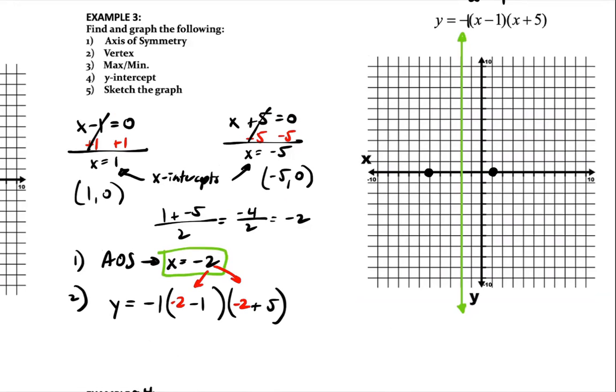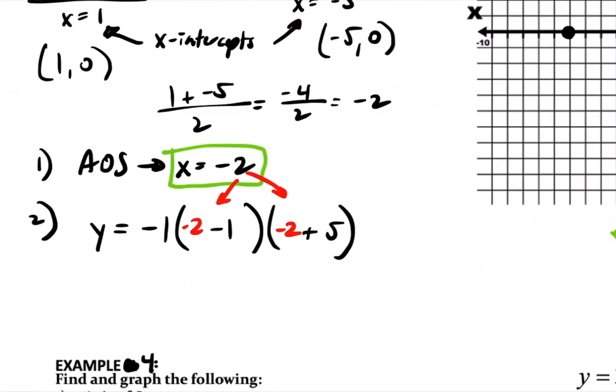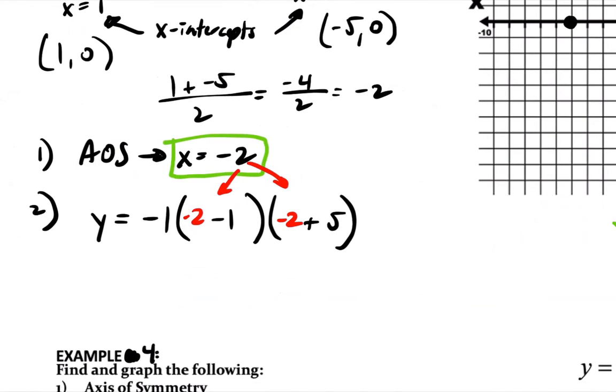Then I simplify that. I have -1, and in parentheses -2 minus 1 is -3, and in parentheses -2 plus 5 is +3. Multiply straight across, and I get +9.